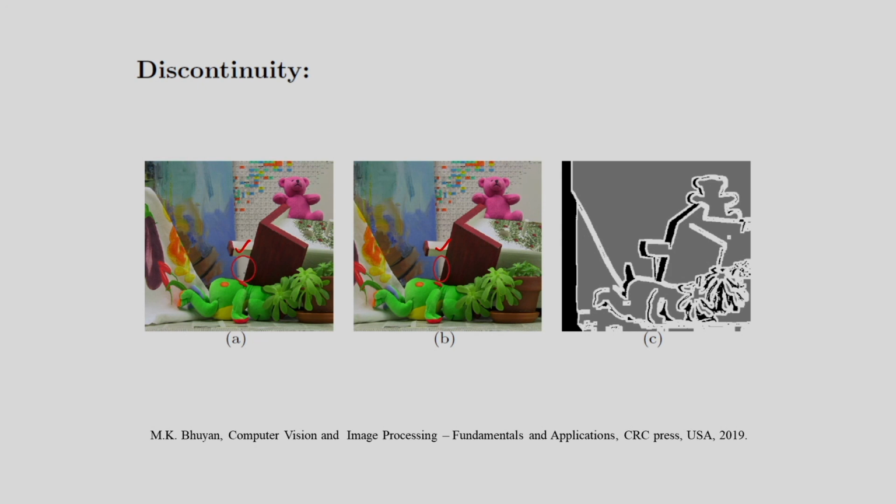So, this is called the discontinuity. You can see the discontinuity is because of the multiple objects present in the scene. In this example I have shown this portion is discontinuous. I have shown the discontinuous region here. So, this is one problem of finding the disparity map.